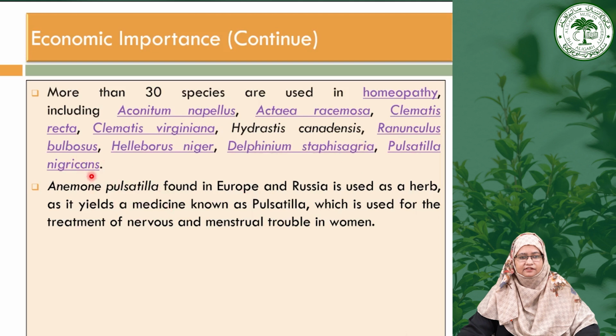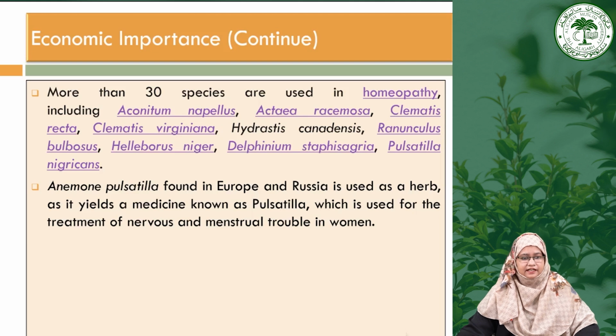Pulsatilla nigricans. Besides these plants, Anemone pulsatilla, which is native to Europe and Russia, is particularly valuable as it produces a medicine known as pulsatilla. This remedy is especially indicated for addressing nervous and menstrual issues in women.